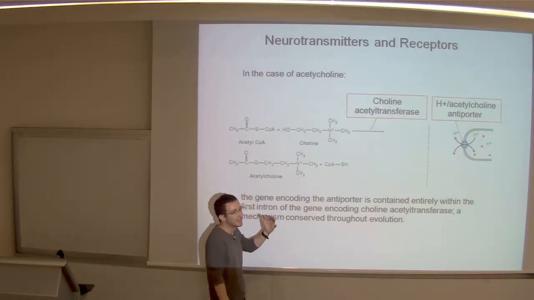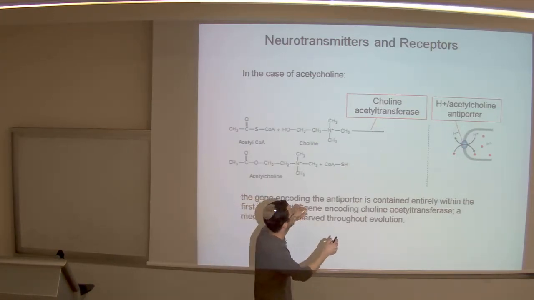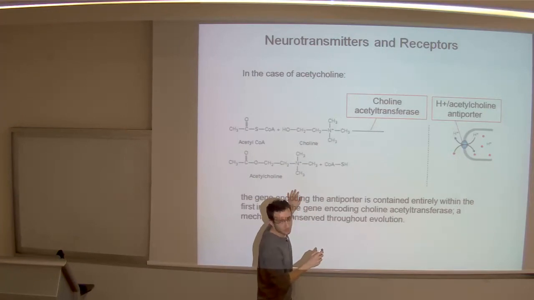Because if the cell needs more acetylcholine-packed vesicles, and you synthesize only this enzyme, then this process will be a bottleneck and will limit the effective accumulation of acetylcholine inside vesicles.